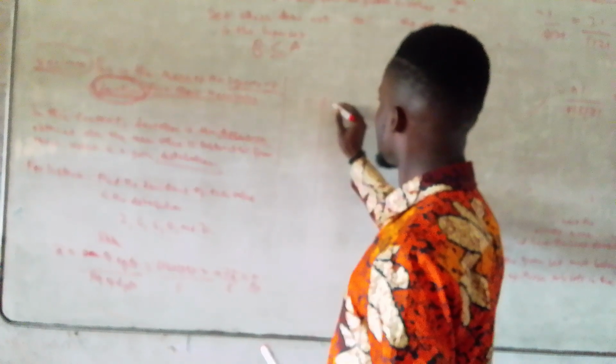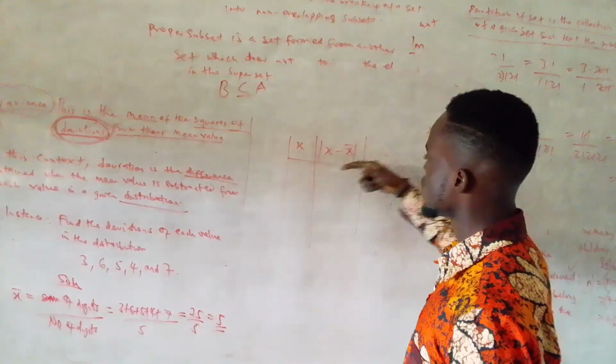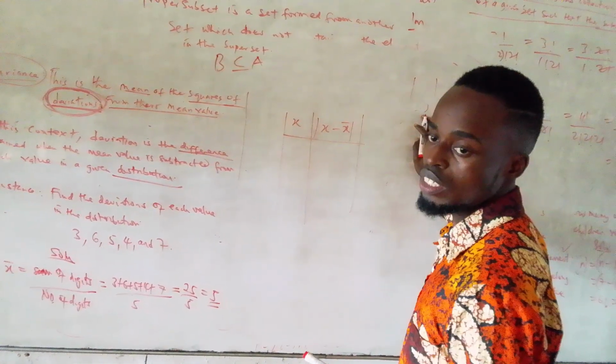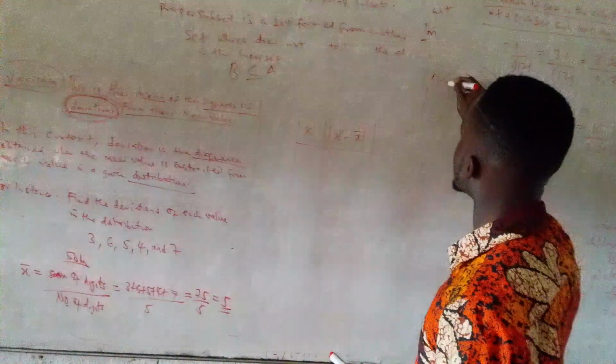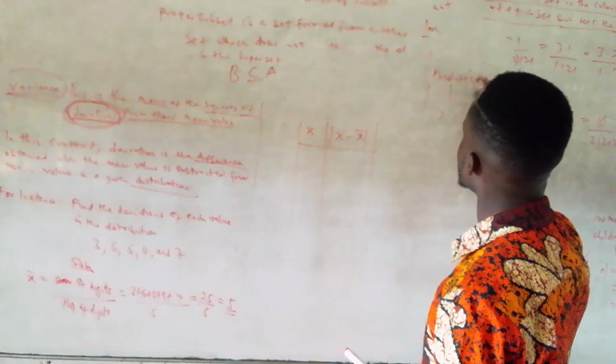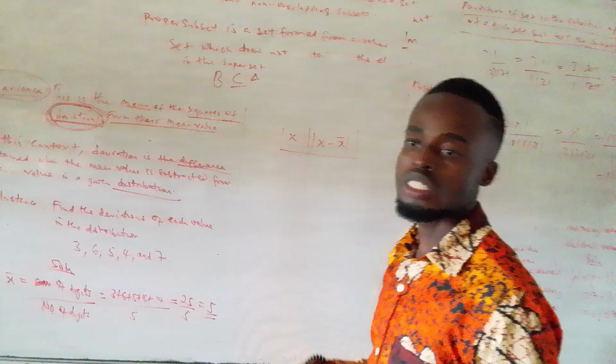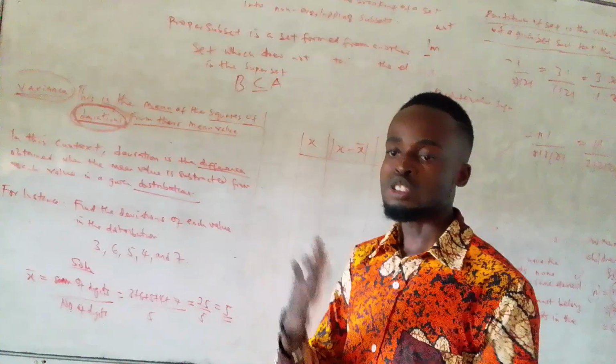We have x minus x bar. Now this sign is called absolute value. We call it absolute value. The absolute value sign is used to change a negative number to positive.